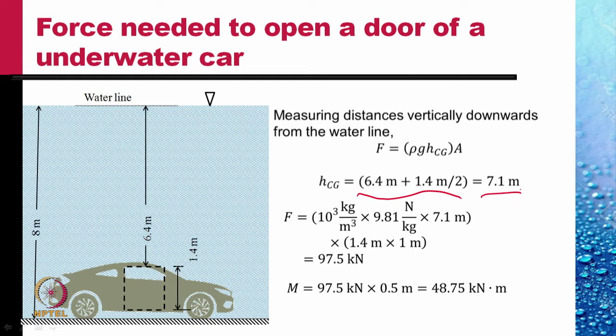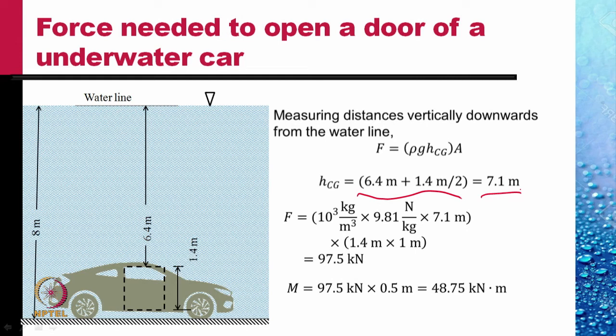So the force would be 10 raised to the power 3 kilogram per meter cube, the density, into 9.81 Newton per kilogram, the value g, into 7.1 meter, the depth of the centroid, multiplied by the area of the door, which is 1.4 meter into 1 meter, or 97.5 kilonewton.